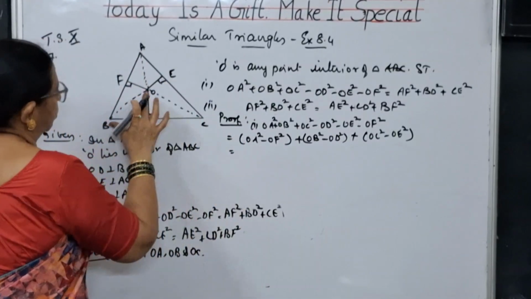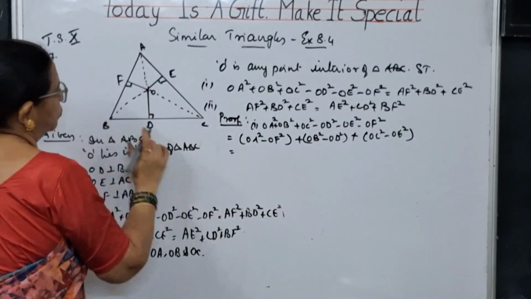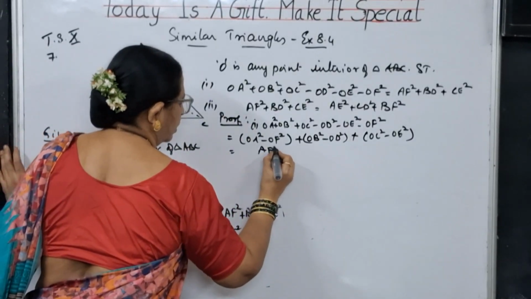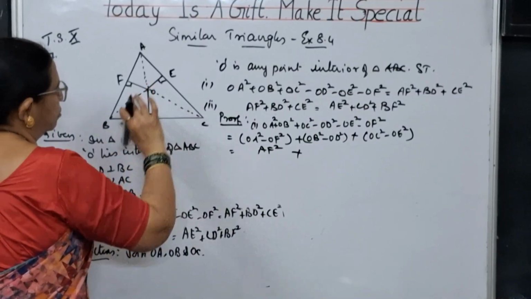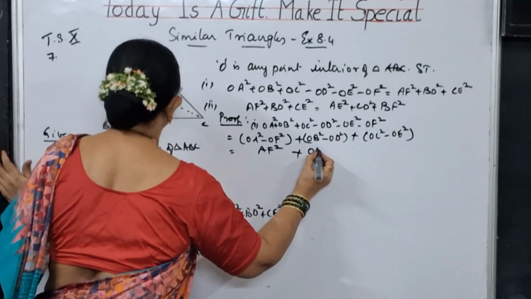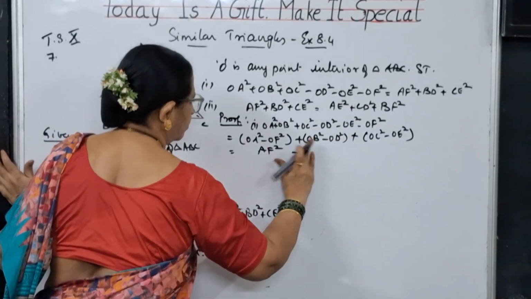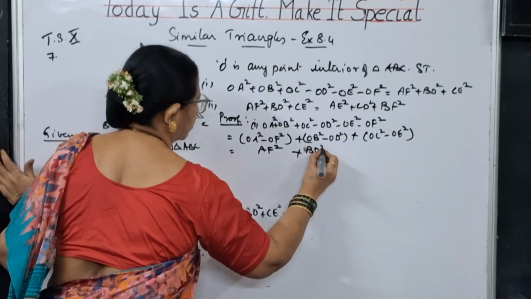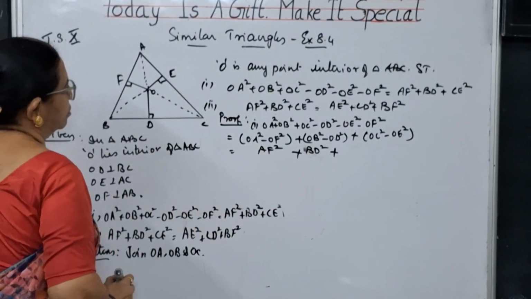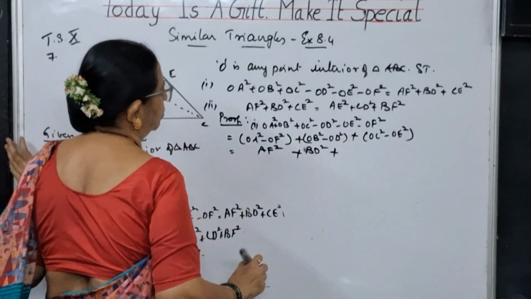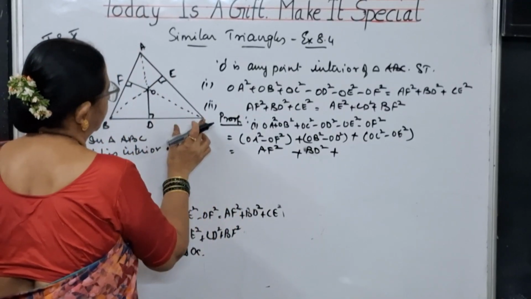So OA square minus OF square is AF square, plus OB square minus OD square is BD square, plus OC square minus OE square.